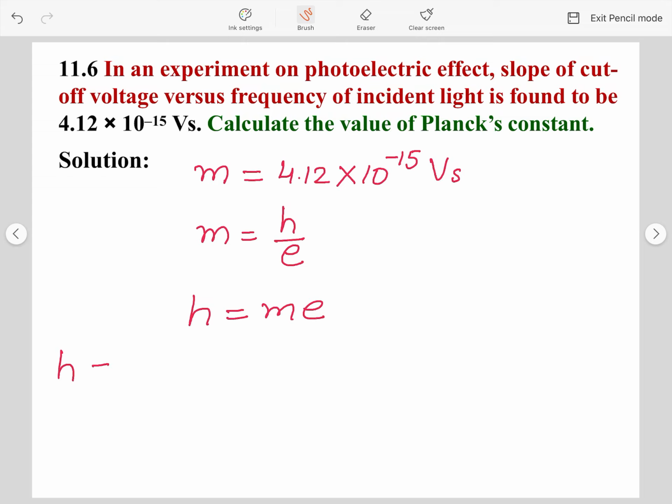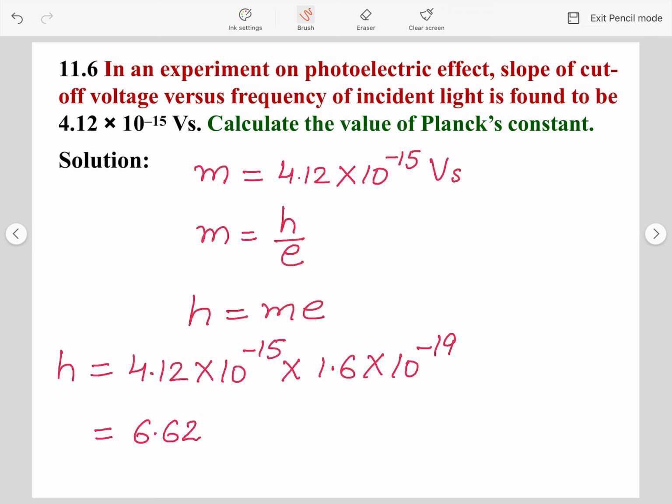So h we have to find, and m is given, 4.12 into 10 raised to power minus 15 into e, 1.6 into 10 raised to power minus 19. 10 raised to power minus 15 and 10 raised to power minus 19, on combined it will be 10 raised to power minus 34, and when we multiply 4.12 into 1.6 we will get 6.62 into 10 raised to power minus 34 joule second. This is the value of Planck's constant.